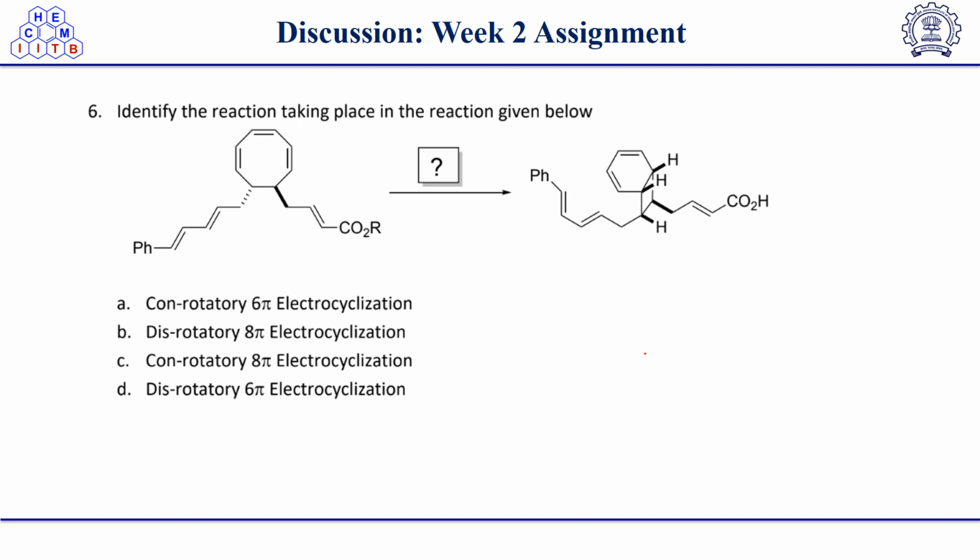Then the next question was to identify the reaction taking place in the reaction given below. So here from this 8-membered ring, we are getting one 6-membered ring, that is a diene, and a 4-membered ring with corresponding substitutions. So what will be the correct transformation, conrotatory or disrotatory, and what will be the reaction, 6 pi electrocyclization or 8 pi electrocyclization?